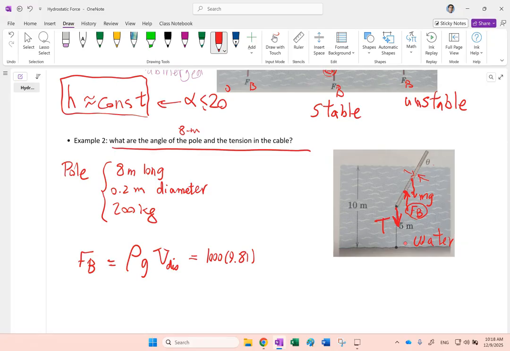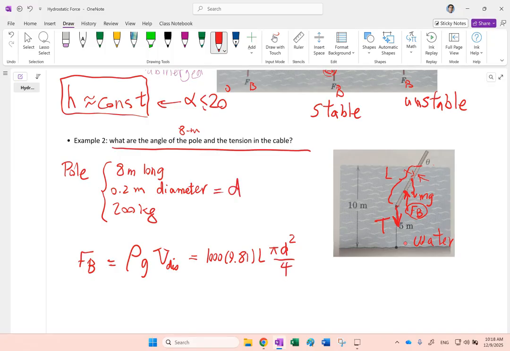So first we need to know how much is this length here. If we find that and then multiply it by the cross section, right? So if I call this L, that's going to be L times cross section, which is pi d squared over 4, and d is this.